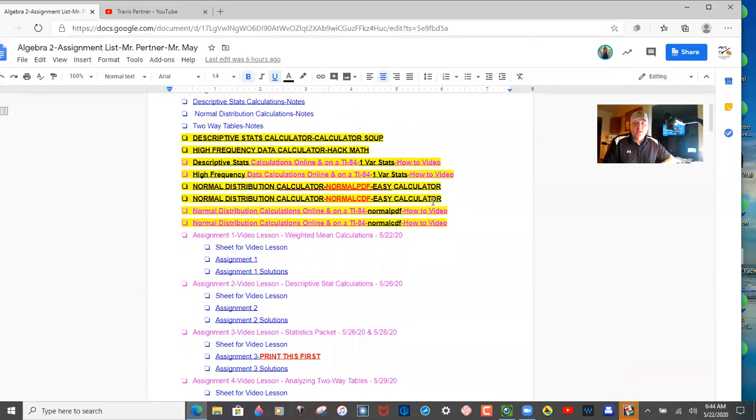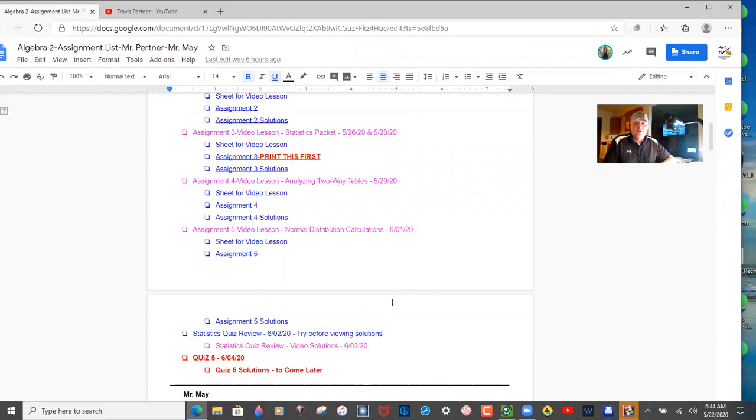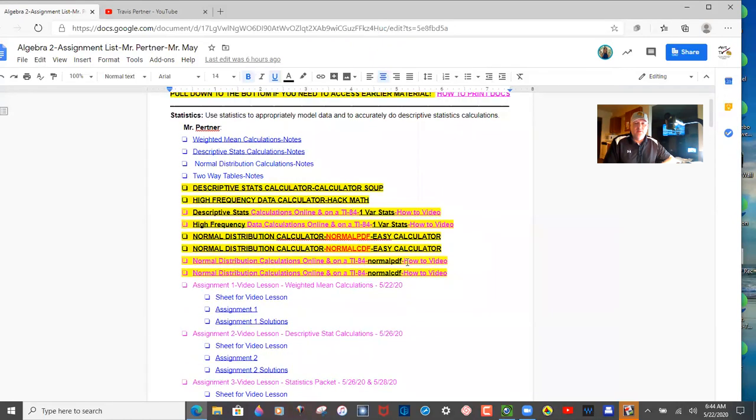Then at the end, when we get to normal probability distribution functions and cumulative distribution functions, you will use those two. That's the last lesson, so you don't need to worry about that till the end, but look through those as we go. They're pretty important.